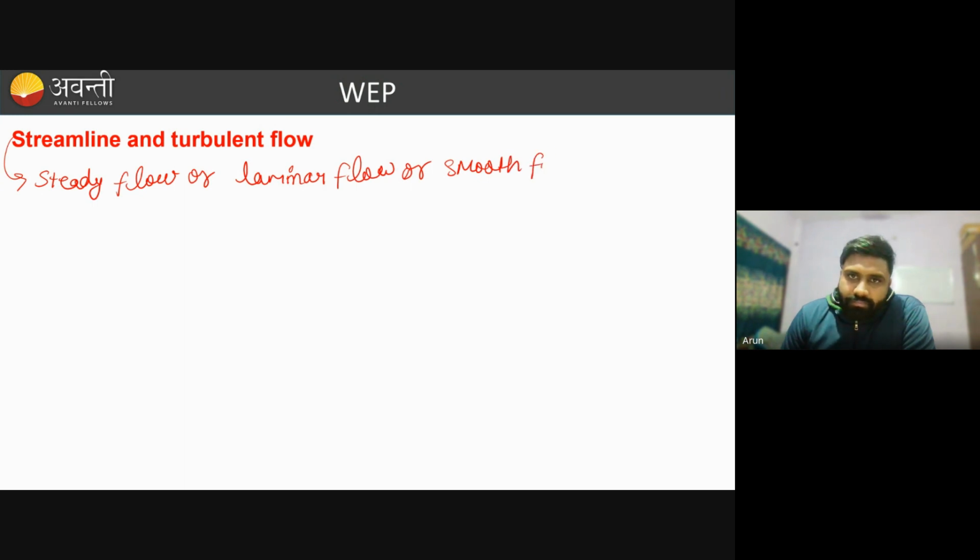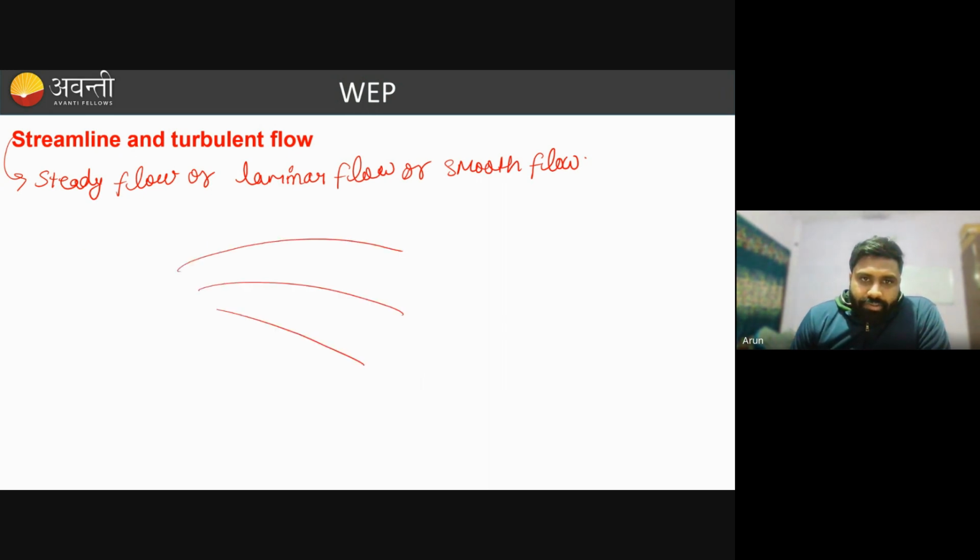Streamline flow is defined such that if the fluid particles are moving in such a way, and I consider a point here, let's say point A, all the particles crossing this point A have the same velocity as their predecessor.